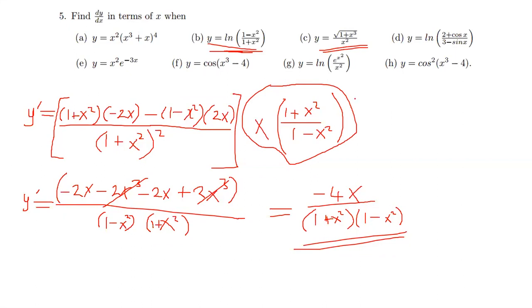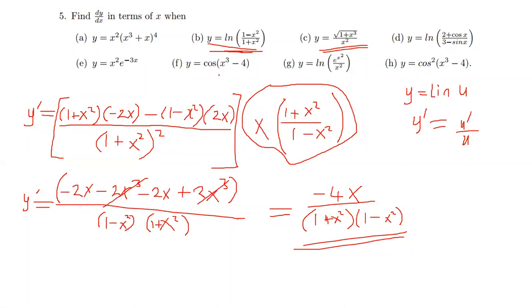Oh yeah. So in short, let me just explain the property of the ln. When you have y is equal to ln u, to find y prime, you just get the derivative of that u and then divide by u.